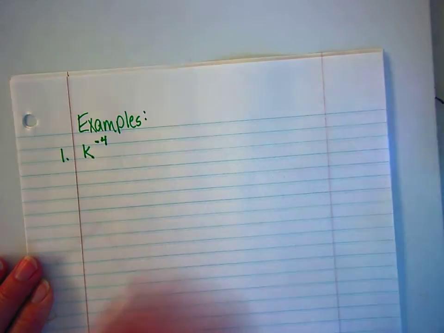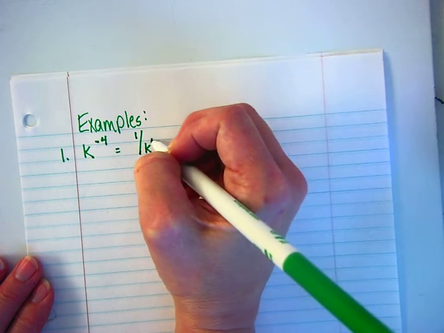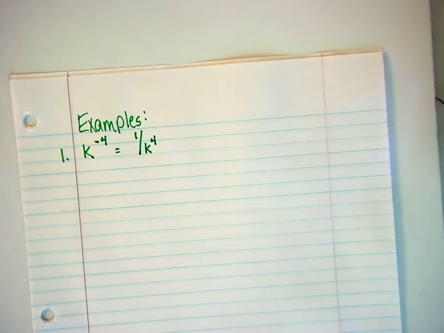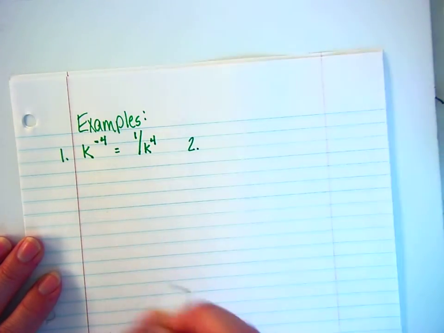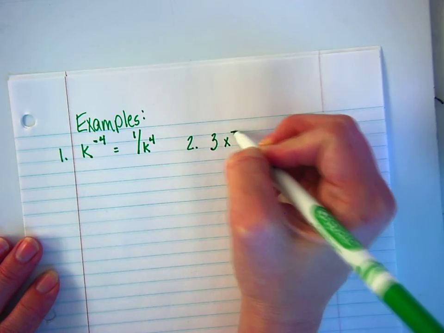What is it going to be, Thomas? It now becomes the denominator of a fraction. You can do these with us, okay? Or go grab your dry erase board. Okay? Number 2. I have 3x to the power of negative 8.